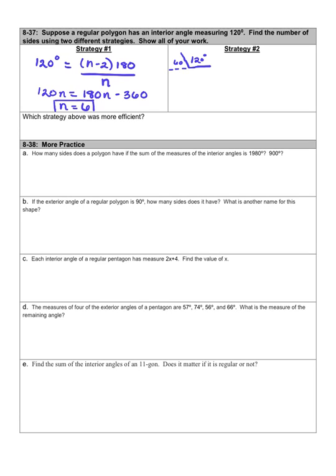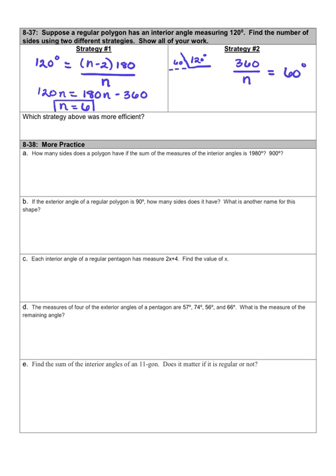Okay, if each exterior angle is 60 degrees, we know the sum was 360, and we divided that sum by the number of exterior angles to find that each exterior angle was 60 degrees. So we can also solve this problem by solving this equation.